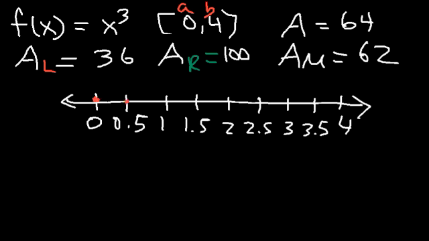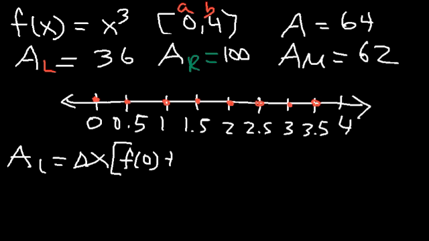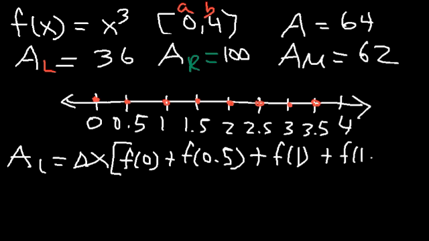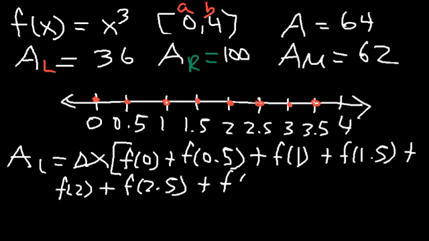So everything from 0 all the way to 3.5, but not the last point, 4. So the area is going to be delta x times f of 0 plus f of 0.5 plus f of 1 plus f of 1.5 plus f of 2 plus f of 2.5 plus f of 3 plus f of 3.5.